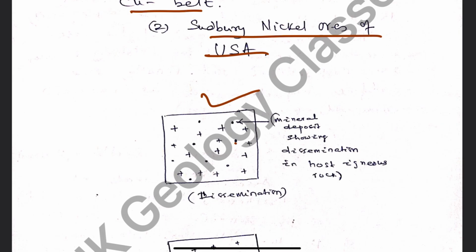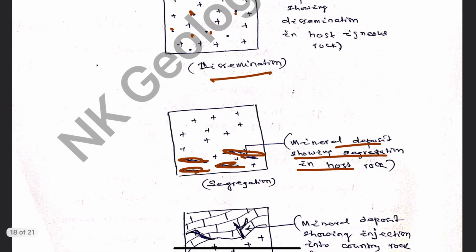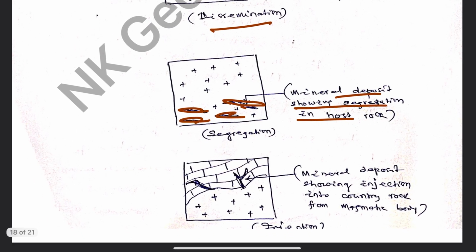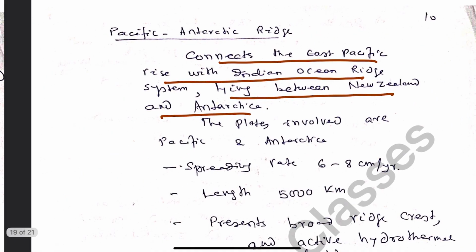Here mineral deposits show segregation, accumulation in formal layers, as we find in case of chromite, commonly in case of magnetite or platinum group of minerals, PGE group of minerals, or we may find injection when the magmatic body is being disturbed. So the minerals are squeezed into the country rock, and they form injection mineral deposit. So this is all about the magmatic concentration of minerals.